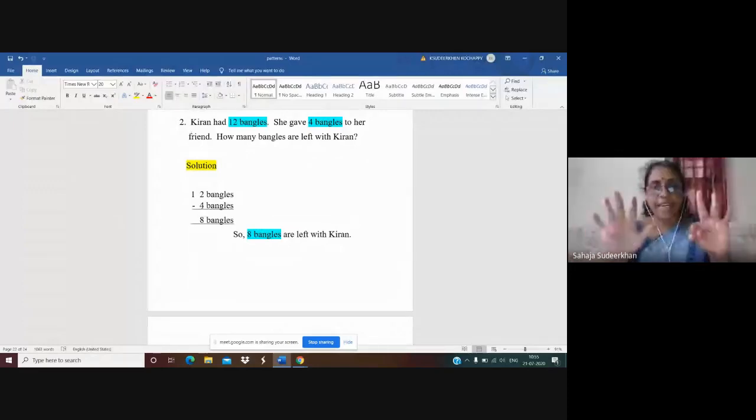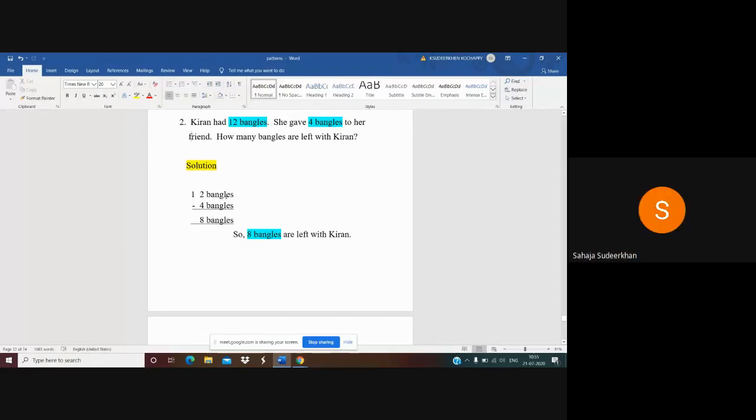How many fingers? Yes, 8 fingers. So the answer is 8. Bangle is the unit here, so we have to write bangles. How will you write? In place of how many, we write 8 bangles are left with Kiran.